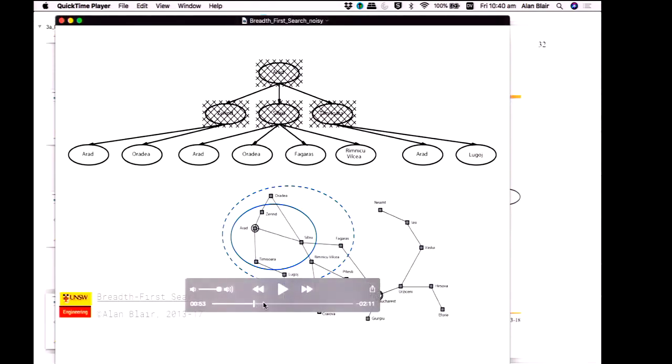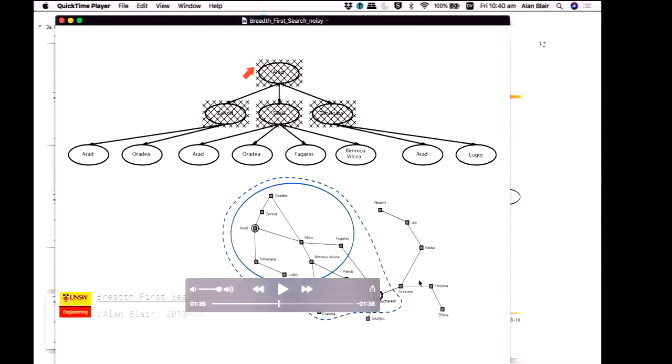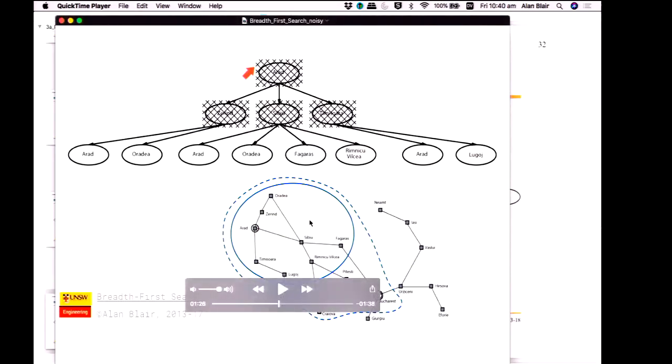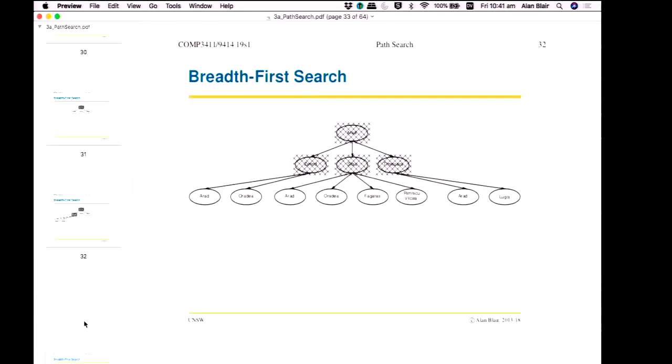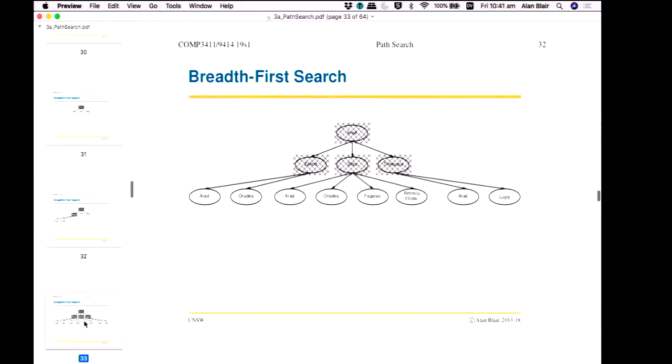The search finishes when you get to this point here. The shortest path to Bucharest is 3 steps from Arad. So if we were to expand Fagaras, we would see Bucharest.